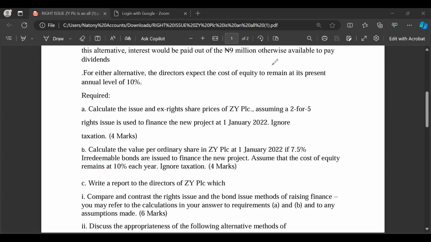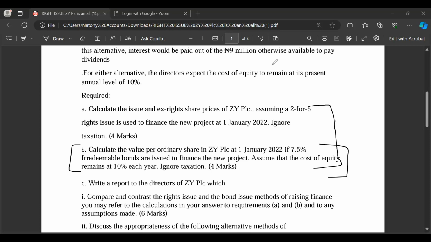So you are asked to calculate the value of the ordinary share. Under your business valuation, there are different methods that can be used to value a company. In this scenario, the examiner did not give you a specific method to use, but you are asked to calculate the value of the company after the rights issue.